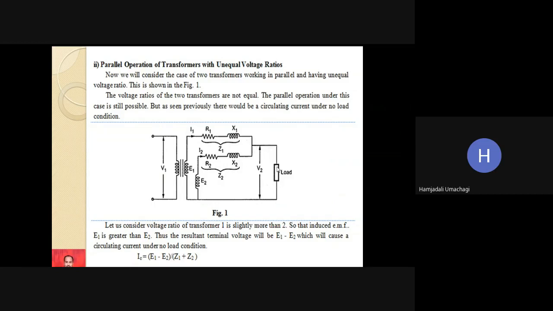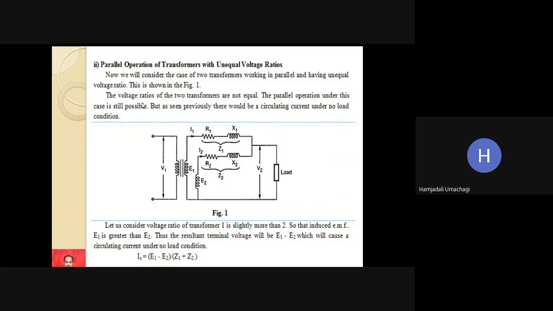Now let us see the explanation part of this. Consider the case of two transformers working in parallel and having unequal voltage ratio. This is a circuit diagram for two parallel connected transformers supplying the common load with unequal voltage ratio, E1 not equal to E2.